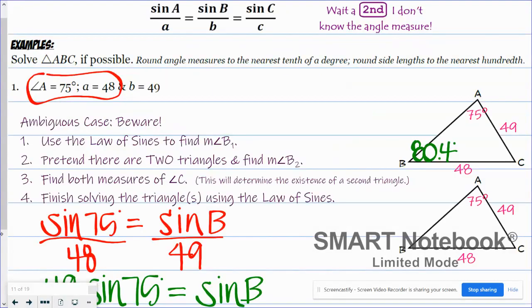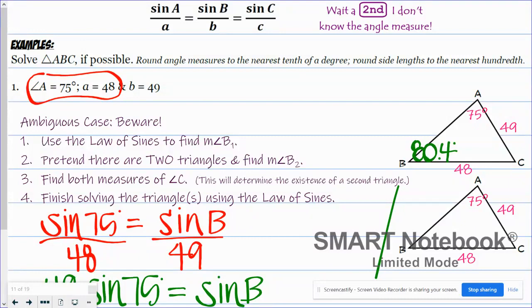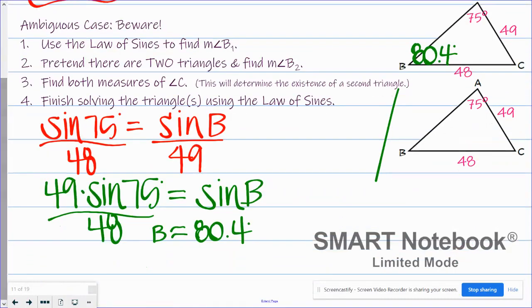So this second angle B can be found by going 180 minus the angle B that I've already found, so minus the 80.4. And so that would be 99.6.